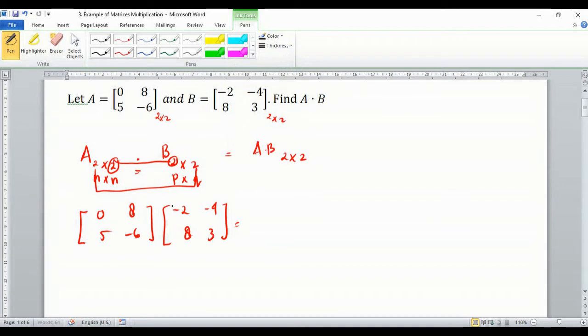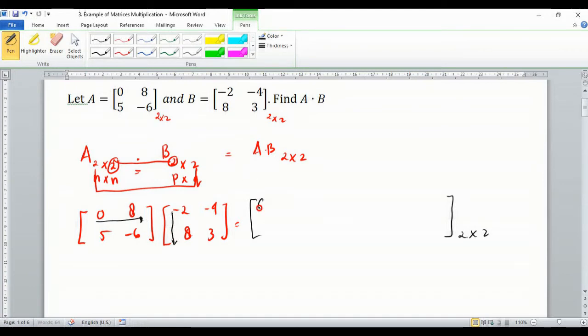Remember, the rule of multiplying matrices is that the result has the same order as the first, and then you multiply the rows with the columns.